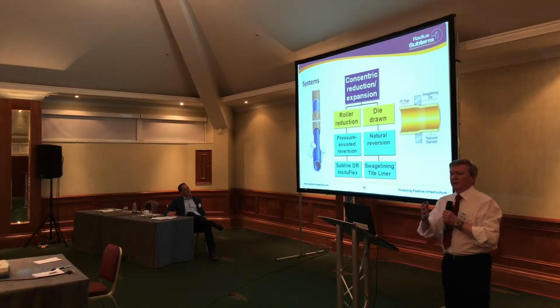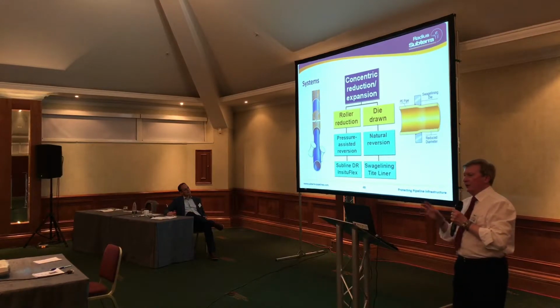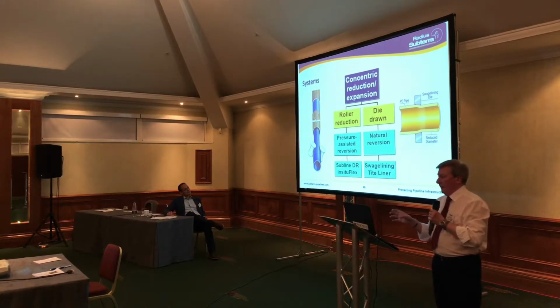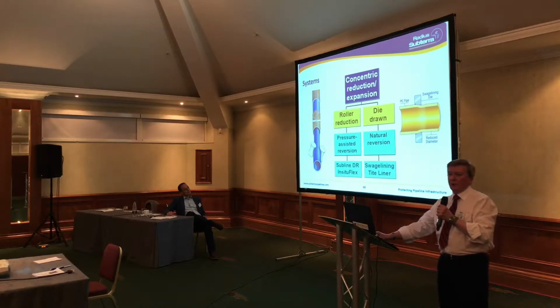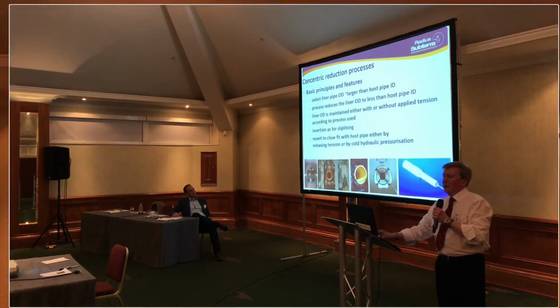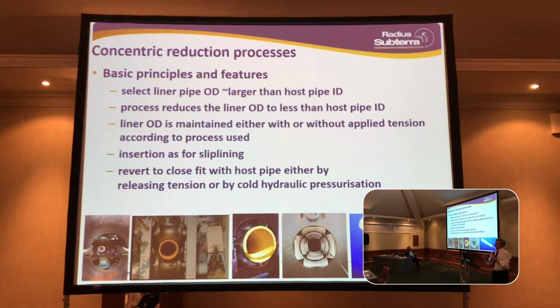To go through each of these branches of technology, and this is going to be a quick gallop, the first is concentric reduction, and there are a number of subgroups underneath that, but there are some basic principles. The basic principle with concentric reduction is that you start off with a PE line pipe which is slightly larger than the ID of the host pipe you're going into. What that means is quite often you can use a standard size of PE pipe.